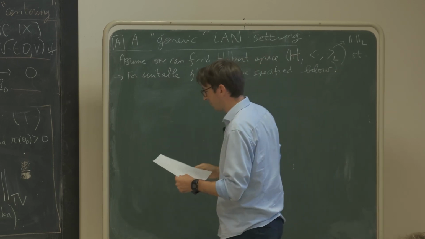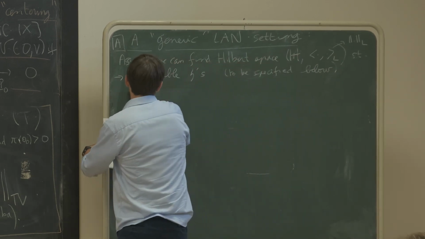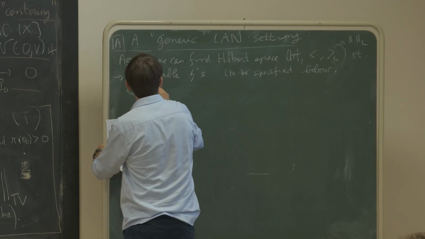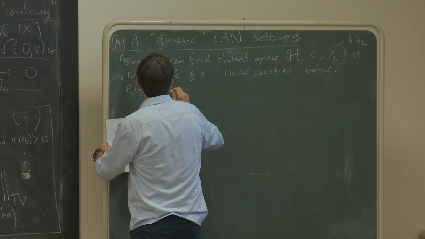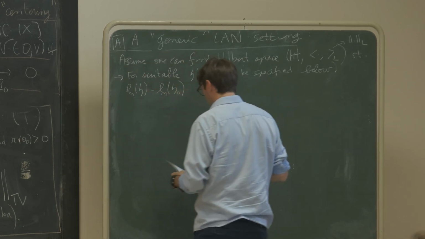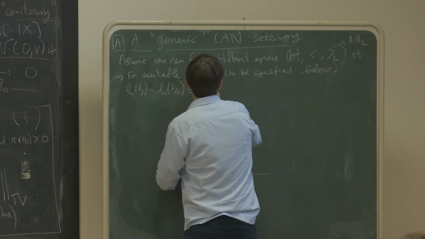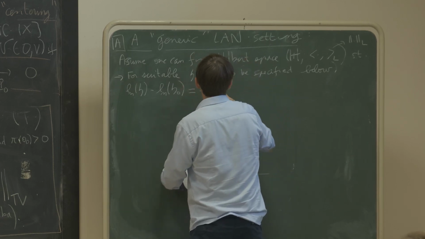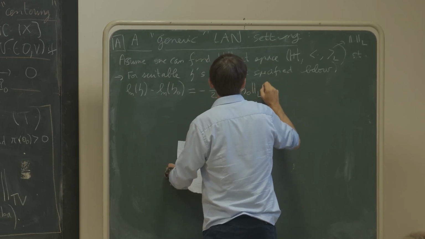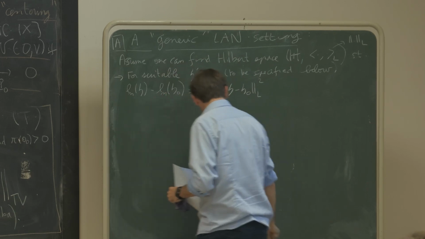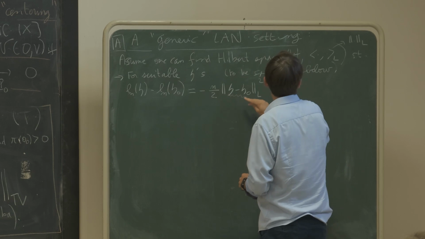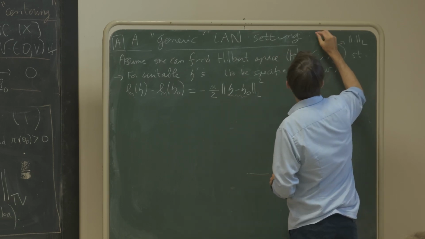So for now, it's just a certain writing, so that the log likelihood, I'll write something which is similar in spirit to the LAN expansion that we had before in the parametric setting. So a quadratic part, the norm of eta minus eta 0 in L, squared. When I write that, I implicitly assume that this can be embedded into the Hilbert space.